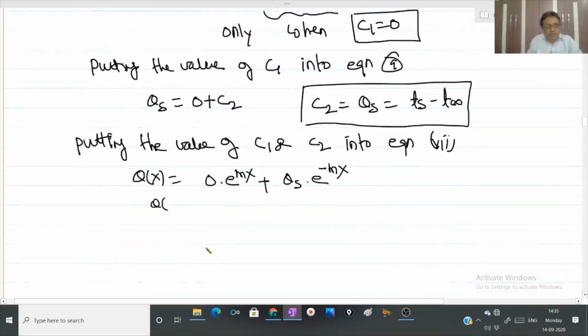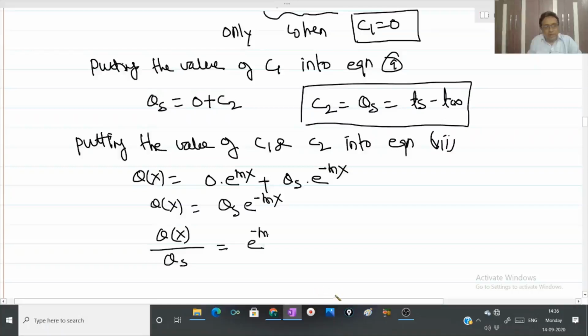So theta x will become theta s into e to power minus mx, or theta x over theta s is nothing but e to power minus mx.